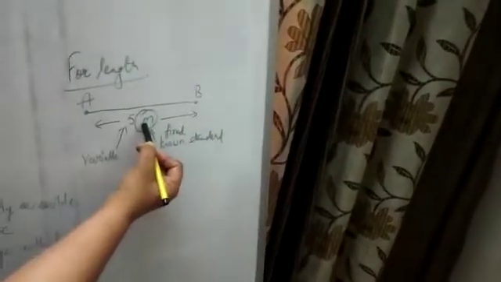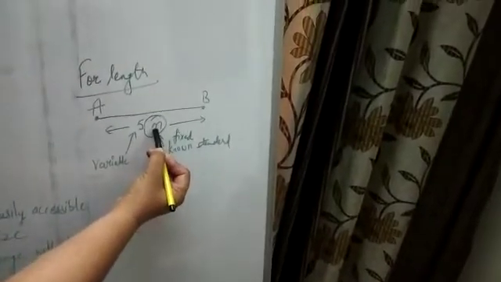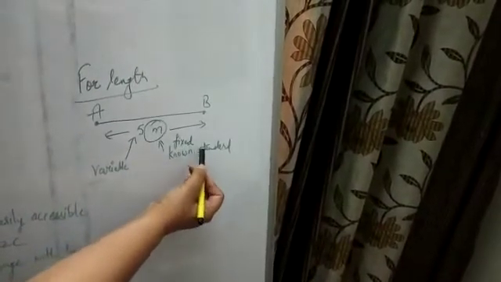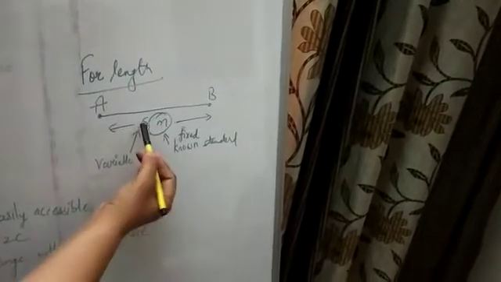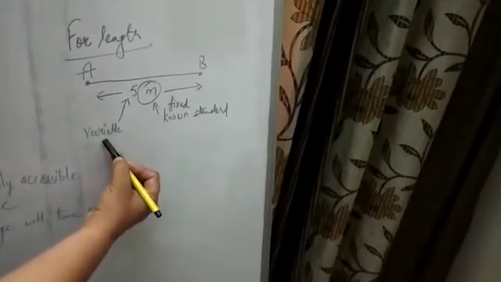So we will say that meter, or whatever unit we are using, is a fixed known standard quantity, and 5 is the numerical value or a variable value.